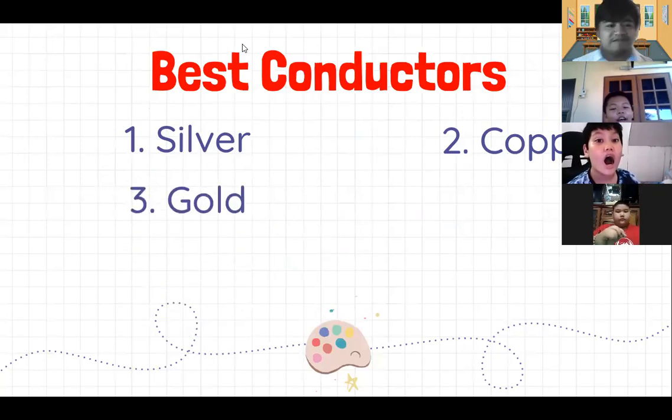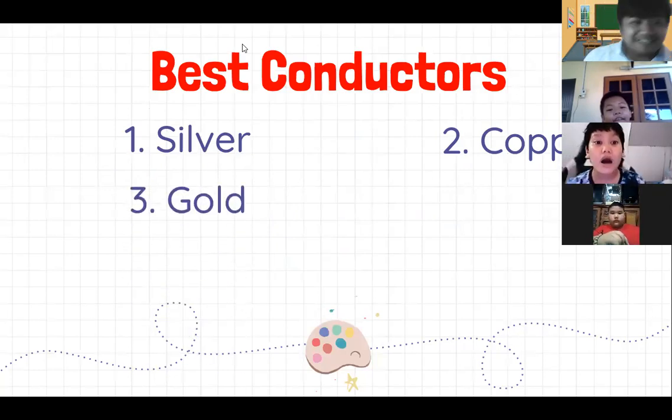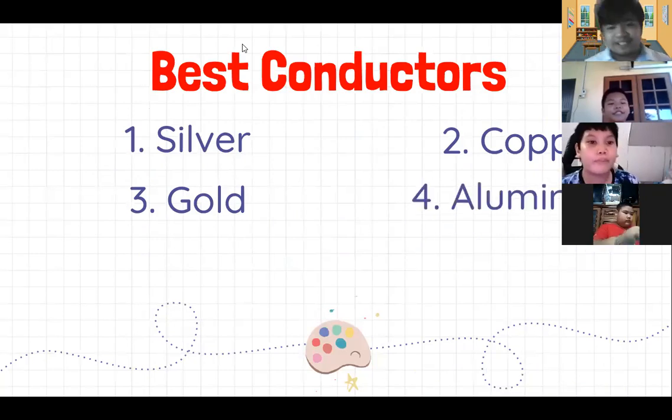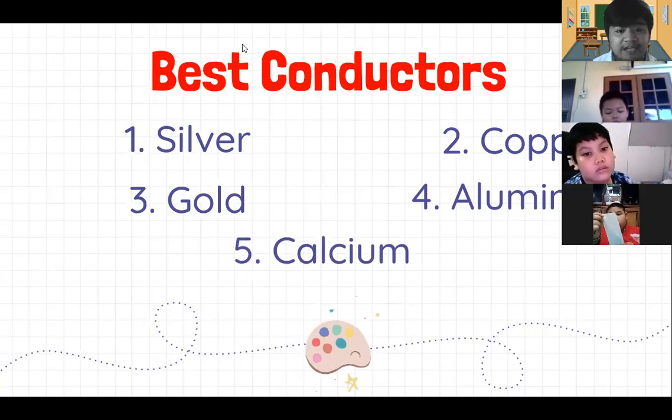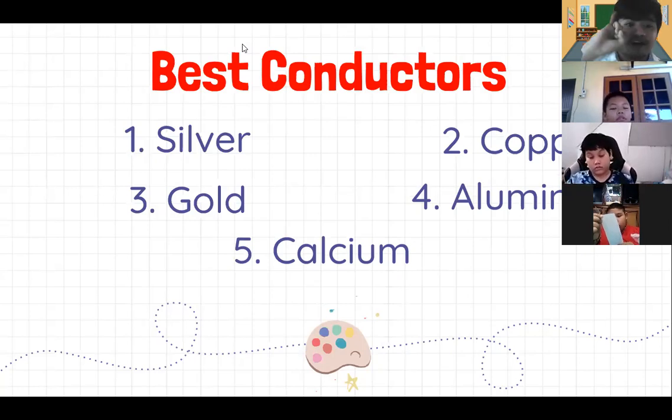Next we have gold. Do you know gold? Yes, next we have aluminum, like the aluminum foil, or sometimes our pans are made out of aluminum. And calcium. Remember, silver, copper, gold, aluminum, and calcium, okay?